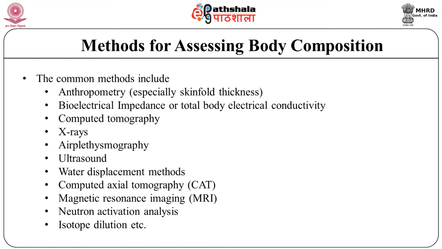The common methods include anthropometry, especially skin fold thickness, bioelectrical impedance or total body electrical conductivity, computed tomography, X-rays, air plethysmography, ultrasound, water displacement method, computed axial tomography, CAT, magnetic resonance imaging, MRI, neutron activation analysis, isotope dilution, etc.